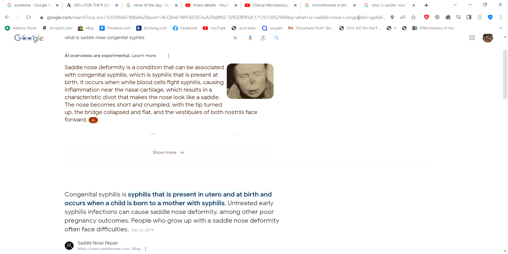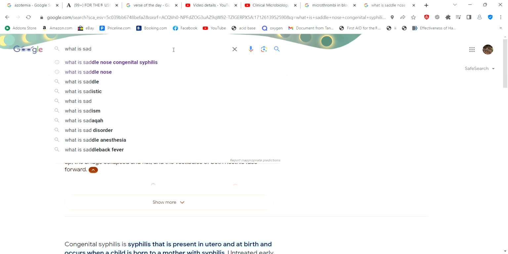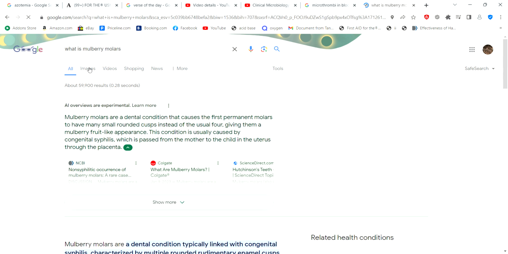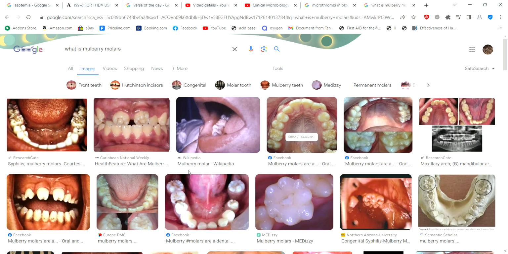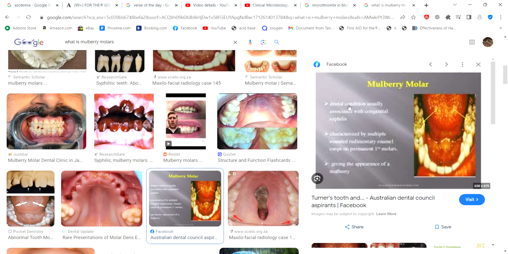Mulberry molars. What is mulberry molars? Mulberry molars are a dental condition associated with congenital syphilis, characterized by multiple rounded rudimentary enamel cusps on the permanent first molar, giving the appearance of a mulberry.